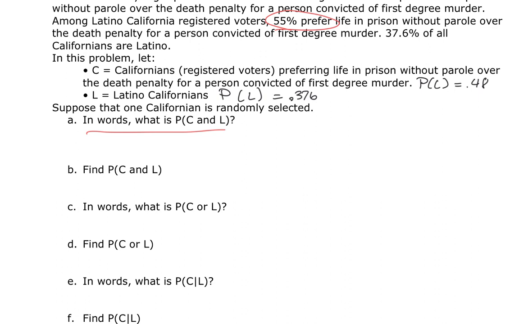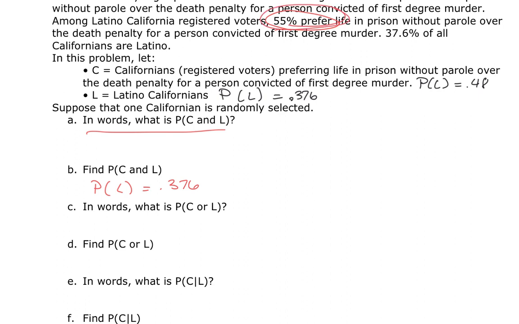So P(C and L) is the intersection of the Latino voters and the Latinos in California. So the probability of this overlap would be the fact that they are a Latino Californian, right? We know the probability of a Latino Californian is 0.376.